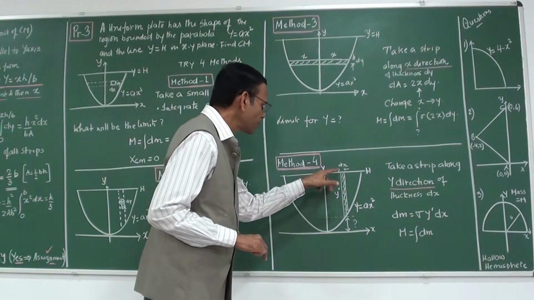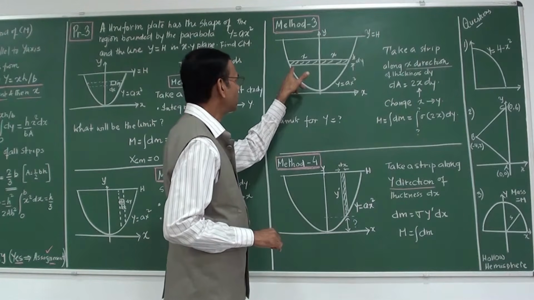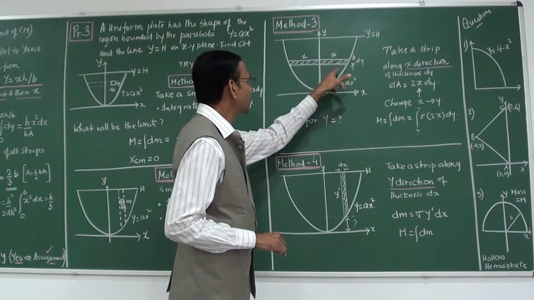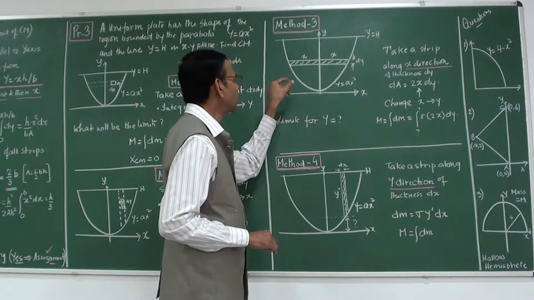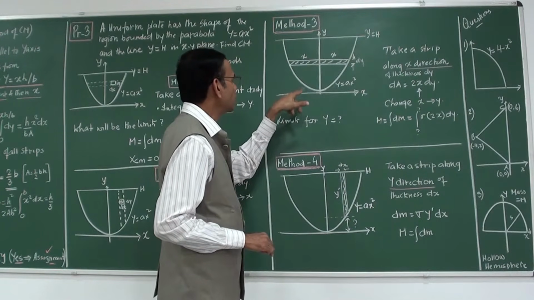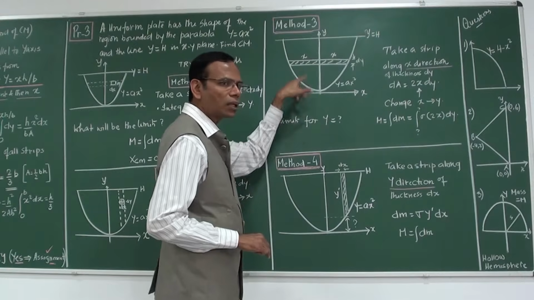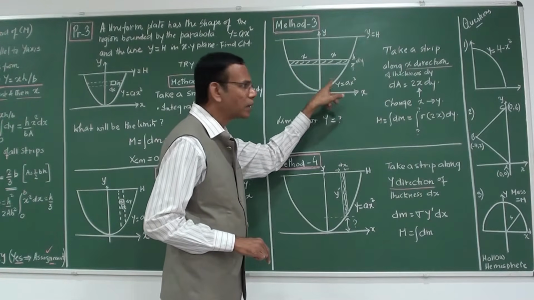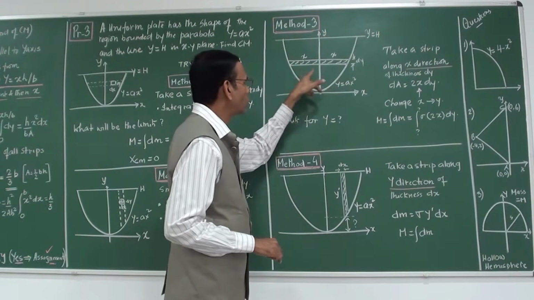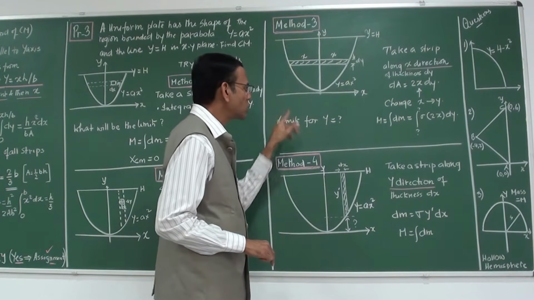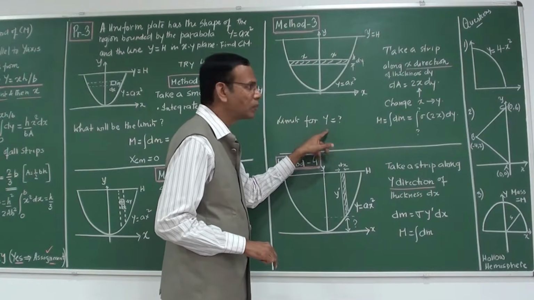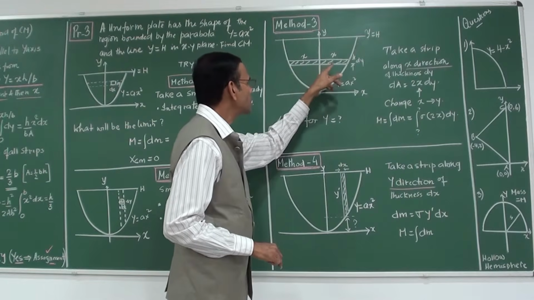Why? Because the moment I take a strip of this kind, then you see in the earlier case, y is constant for all of them, because I am calculating y center of mass. So for y center of mass, y is constant.